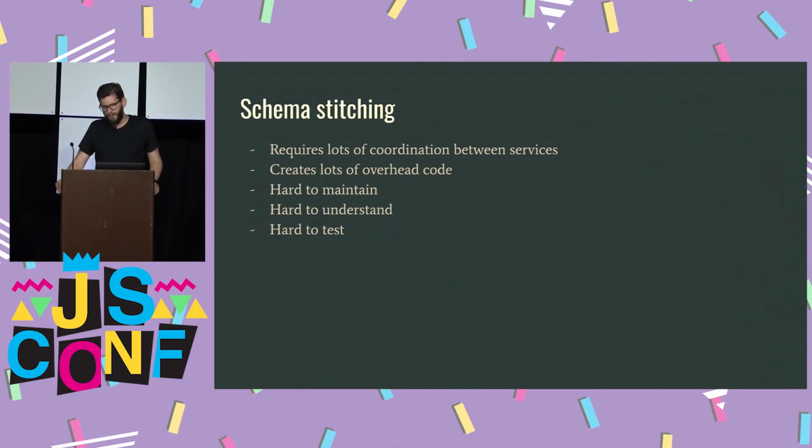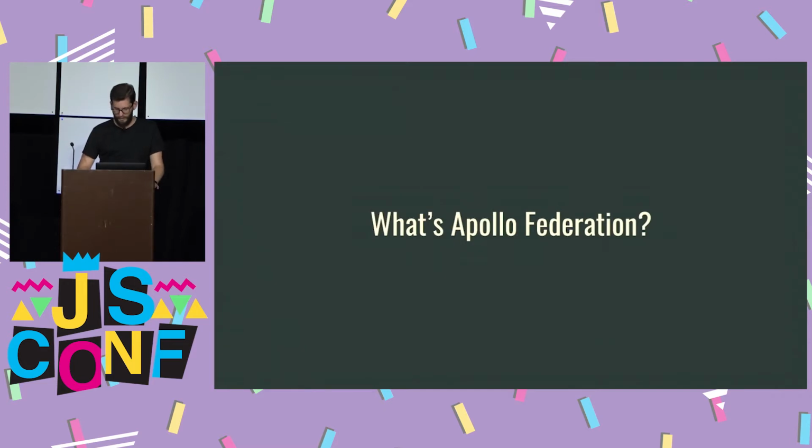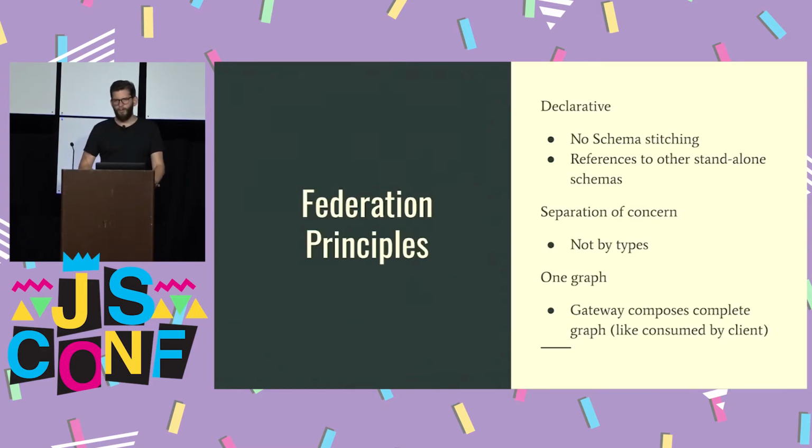So that's where Apollo came in, the smart guys there, and they created Apollo Federation. Next one. Basically, what they try to do is incorporate some core principles. The first one, it should be declarative, meaning no schema stitching at all. So you're freed of that.